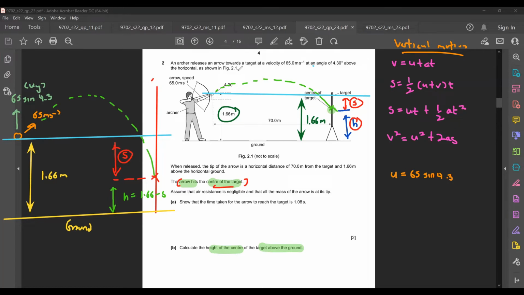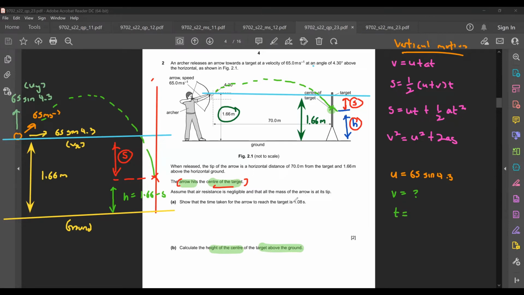And then this one here, I also resolve it to give you 6.65 cos 4.3. This one was your Vx. Okay, so I already know the initial vertical velocity for the vertical motion. Do I know the final vertical velocity? This one is unknown. Do I know my time taken?